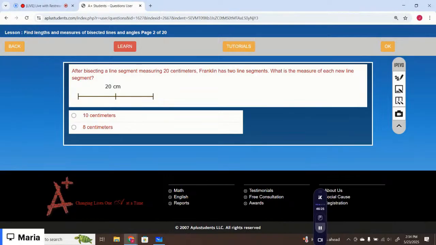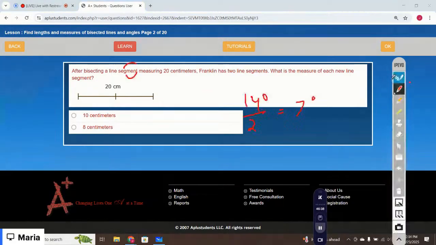After bisecting a line segment measuring 20 centimeters, Triangle has two line segments. What is the measure of each new line segment? The length of the line is 20 centimeters.